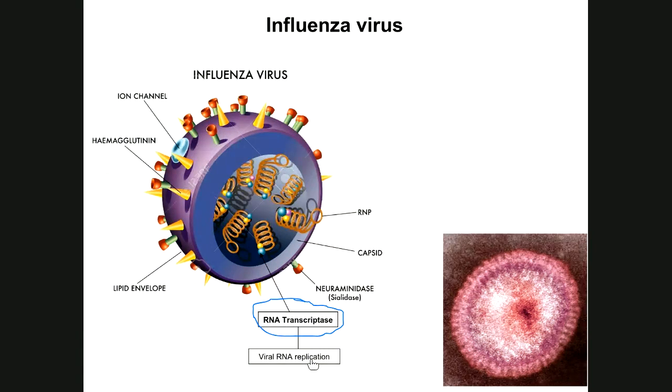Listen carefully, please. All living organisms have their genetic information stored in the form of DNA. If you go back to chapter 16, DNA replication, an enzyme called DNA polymerase requires a DNA template to synthesize DNA. You jump ahead to chapter 17, gene expression, the first step, transcription.